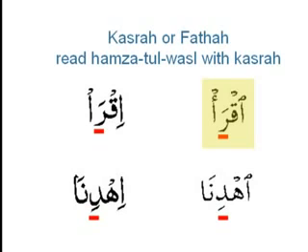So we're going to read the Hamzatul Wasl as if it's got the kasra underneath it. So that's going to be Iqra. And again, it's a short half sound on the ra because the next letter is a hamza with sukun. Okay. On the left hand side, we've got the same in the Majidi script, and again they've put in the kasra for us to help us along.